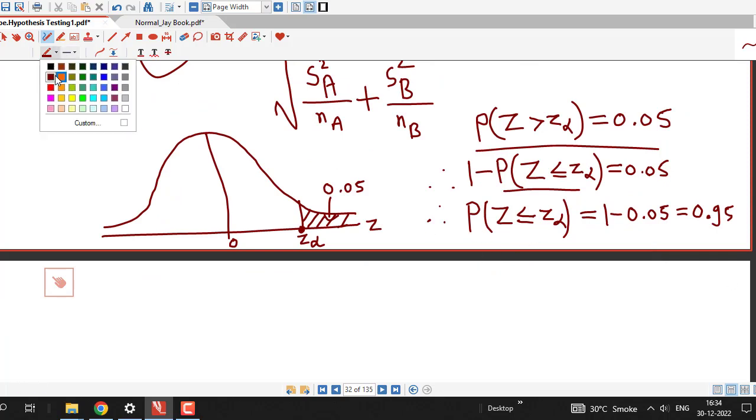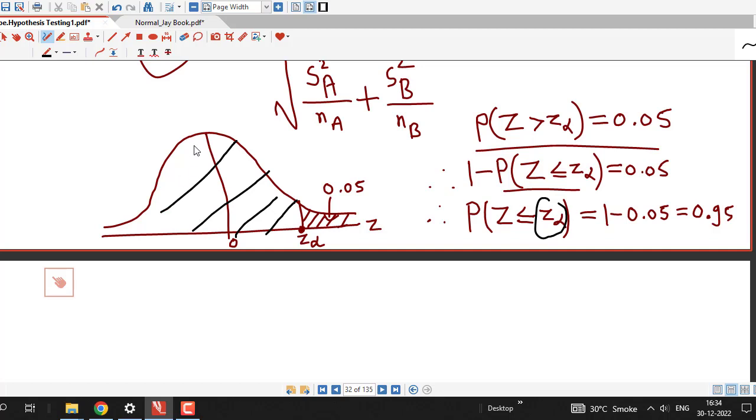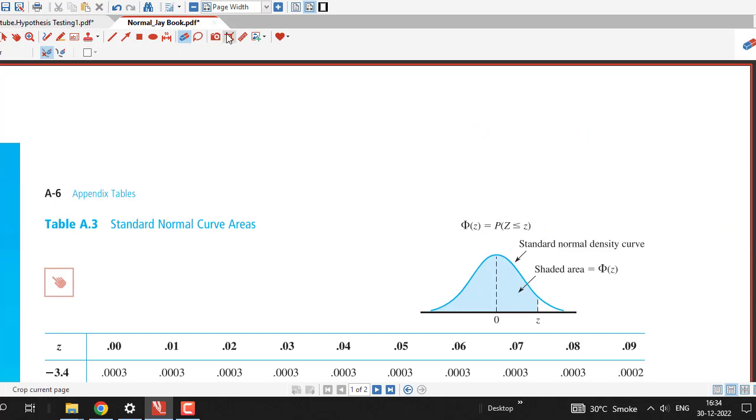So now we have to decide the value of Z alpha such that the area to the left of Z alpha is 0.95.